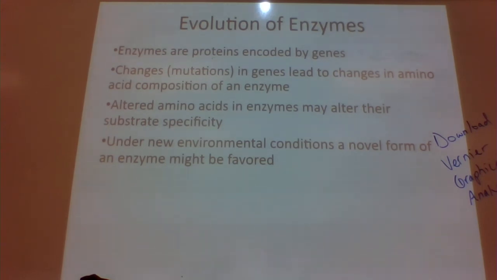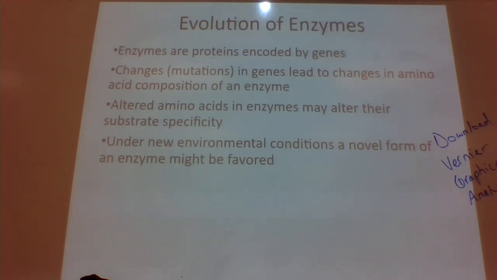Like maybe it can digest something now that it wasn't able to previously digest, or some new novel thing that was beneficial. You can see how the evolution of new enzymes can come about over time that allow organisms to now do new things and catalyze new reactions that might be beneficial to them. Does that make sense to all of you?